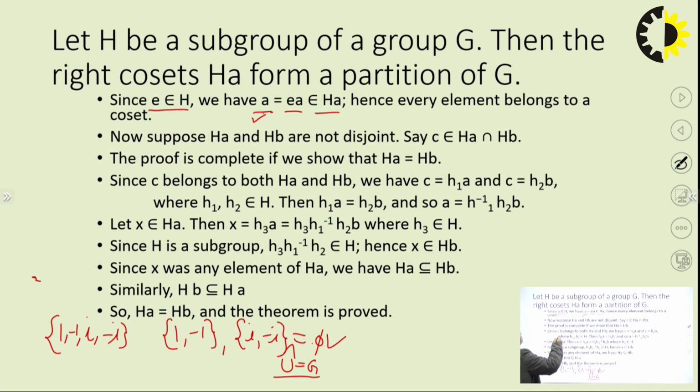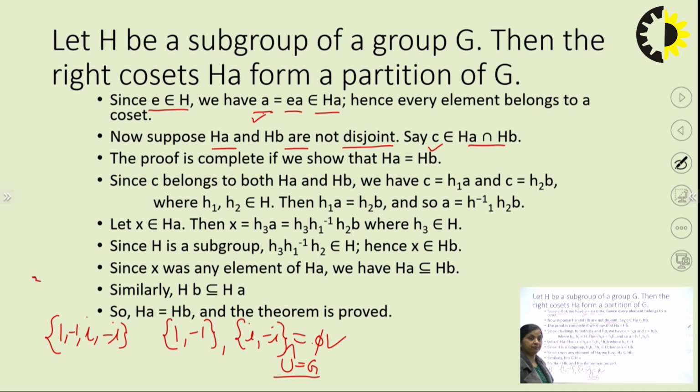Let me say HA and HB are not disjoint. When these are not disjoint, it means there is something in common. So I have taken the element C as the common element between HA and HB. Because this is common in both, it belongs to their intersection.